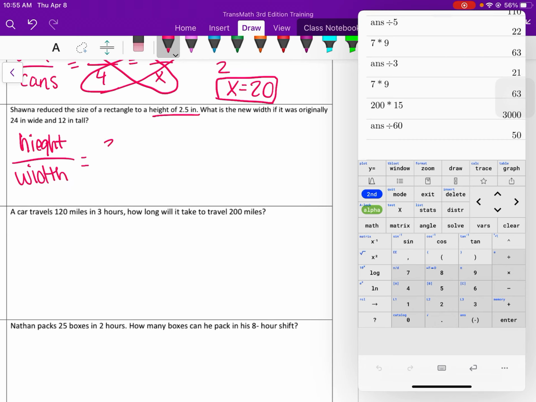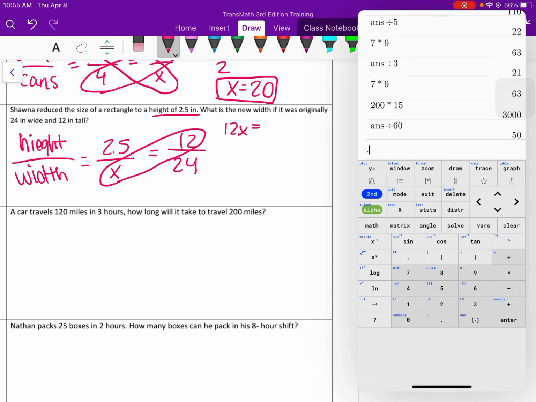So the height of the rectangle is 2.5 over x. And then initially it was 24 inches wide and 12 inches tall. So x times 12 is 12x.